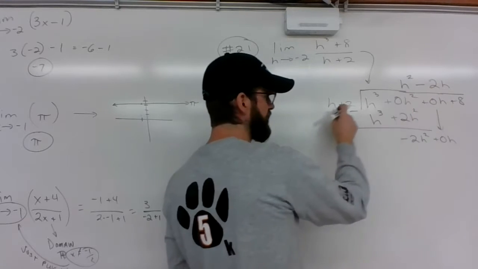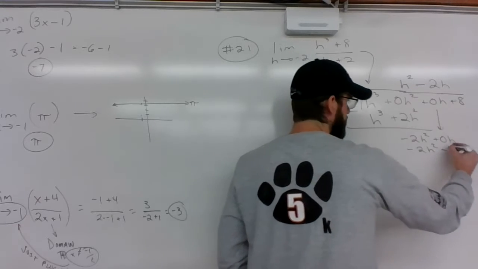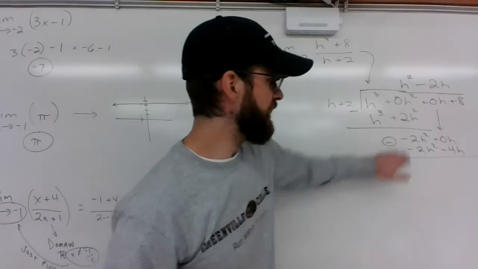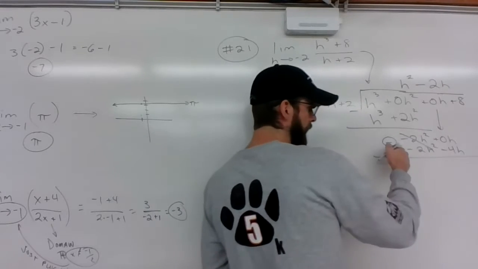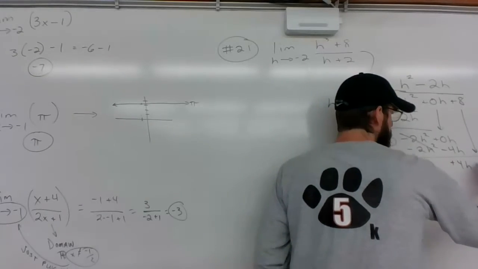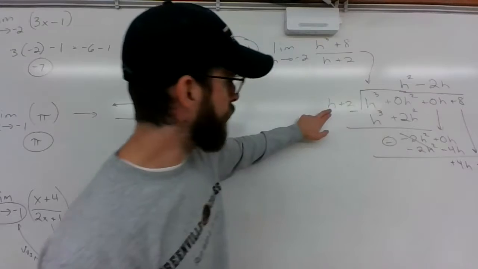So negative 2h times h is negative 2h squared, minus 4h. So these cancel. 0 minus negative 4 is positive 4h. Plus 8. This is exactly 4 times that.